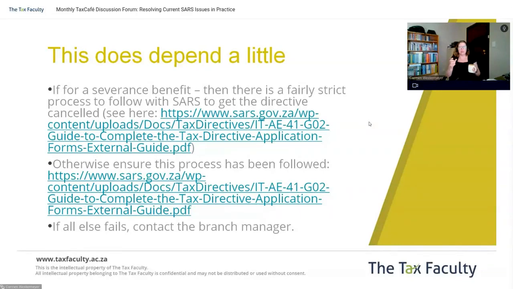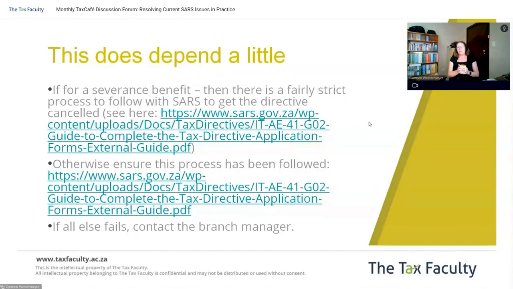So it makes sense that if I've submitted a severance benefit request and then cancel it a couple of months later, my cancellation may have an impact on another directive which was issued subsequently, and they need to go and get that fixed. Okay.